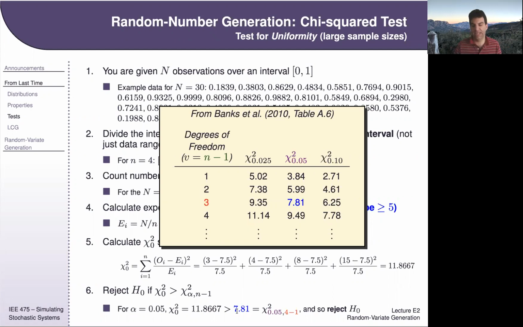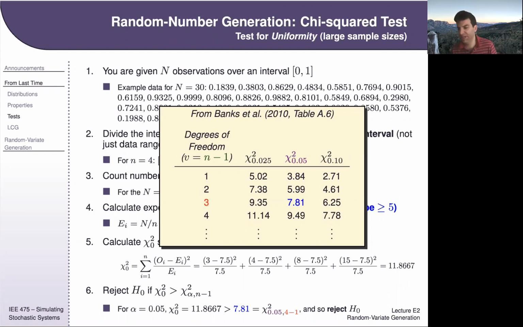I'll put that in the chat: the null hypothesis is that the numbers are drawn from a uniform distribution, specifically between 0 and 1. If we reject the null, we reject uniformity.